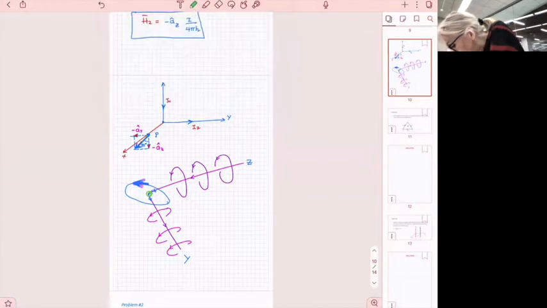Like I would make it almost like this. When we see it, the way we see it, your point P is right there, and that's what you see.